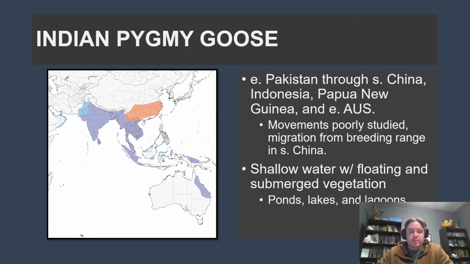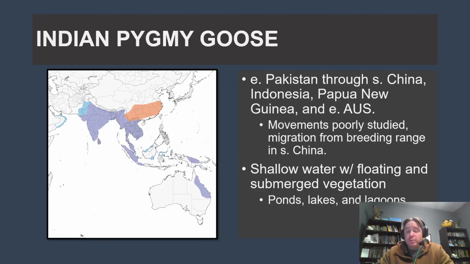Basically, we know that there is migration from their breeding range in southern China. As you see here, the breeding range is, of course, this orange part of the map, and they move from that into other parts of the range where they can survive the winter.